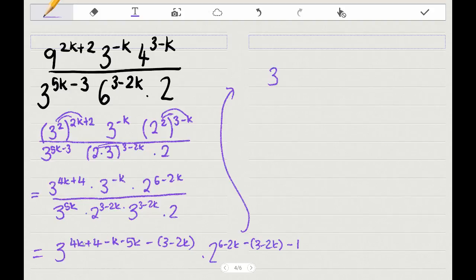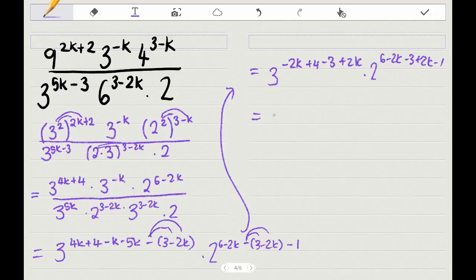I'm going to simplify this. So it's 4k minus 6k, which is minus 2k, plus 4 minus 3 plus 2k. So I've just distributed that again. And then for the 2, we have 2, 6 minus 2k minus 3 plus 2k minus 1. So again, don't forget that distribution step.